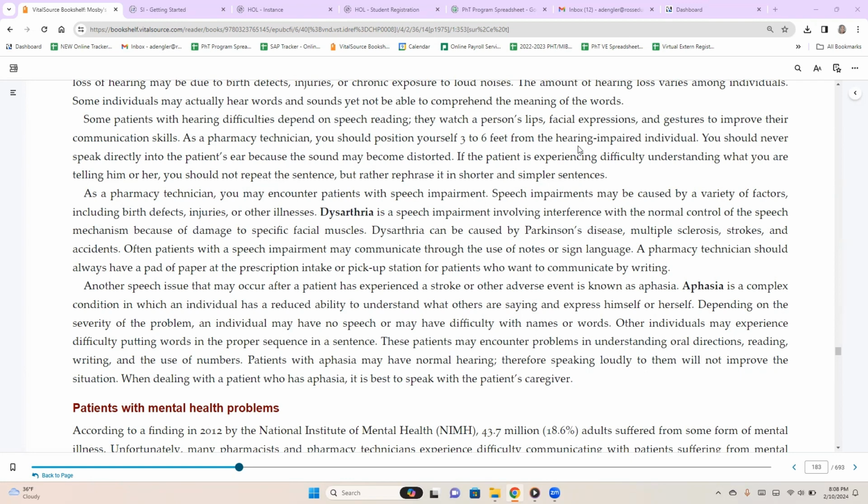Other individuals may experience difficulty putting words in the proper sequence in a sentence. These patients may encounter problems in understanding oral directions, reading, writing, and the use of numbers. Patients with aphasia may have normal hearing, therefore, speaking loudly to them will not improve the situation. When dealing with a patient who has aphasia, it is best to speak with the patient's caregiver.